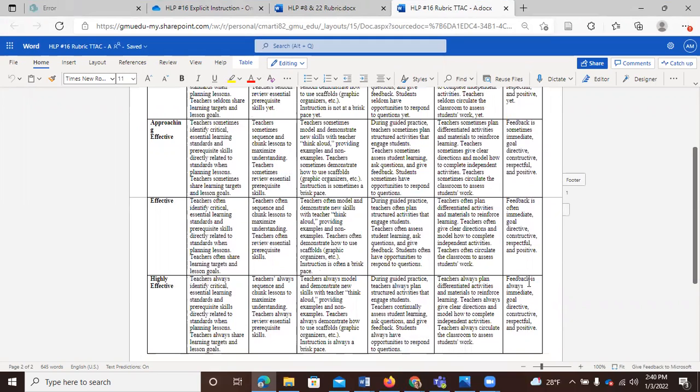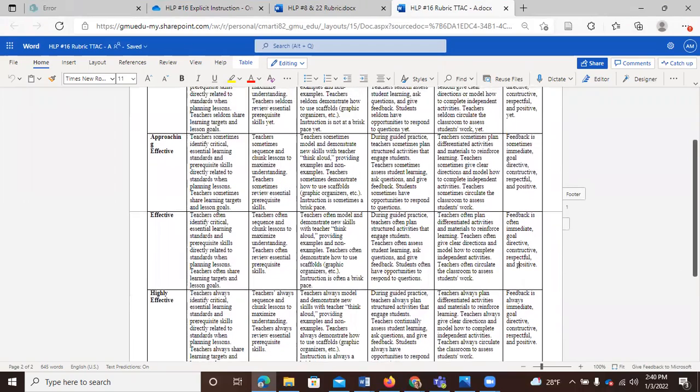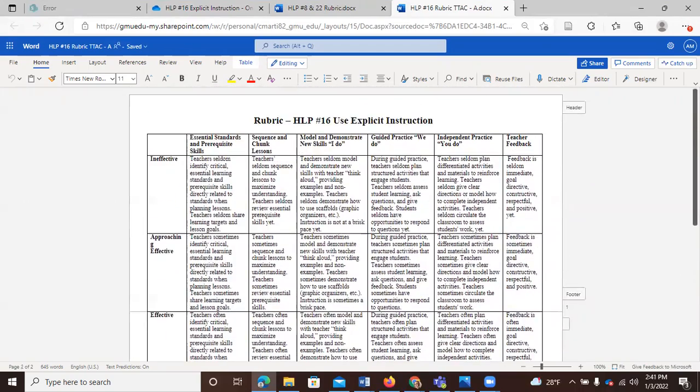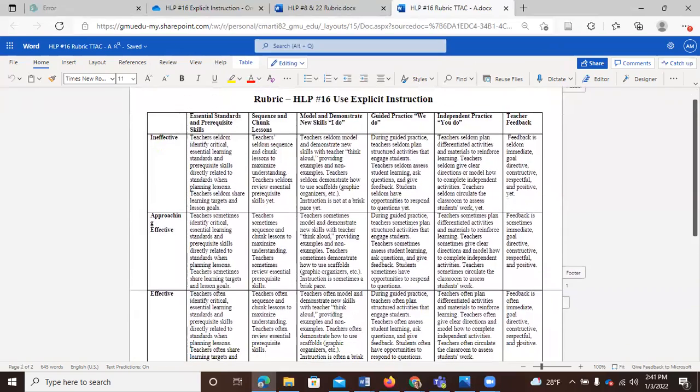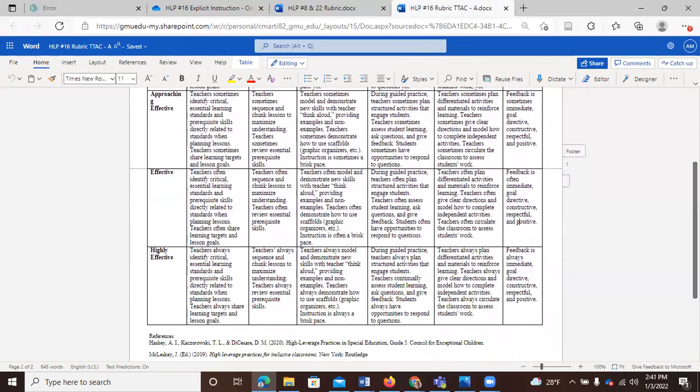So I would really think that he would fall within this effective or highly effective range. Again, you could utilize this rubric when you're having post-conference conversations with teachers, or really just utilize the verbiage from these areas.